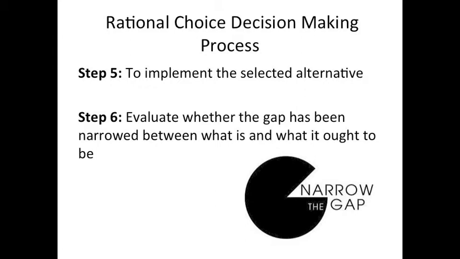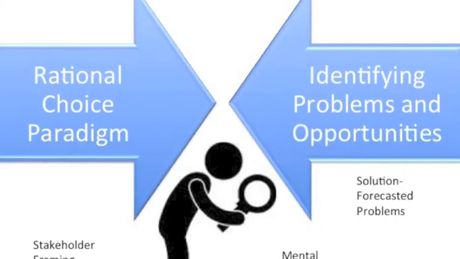In step 6, you want to evaluate whether the gap has been narrowed between what is and what it ought to be. And because you will put to use what you've selected, hopefully you've narrowed the gap between what is and what it ought to be. If not, you would proceed to step 1 and go through the process again, and your focus is narrowing down so that you can narrow that gap.